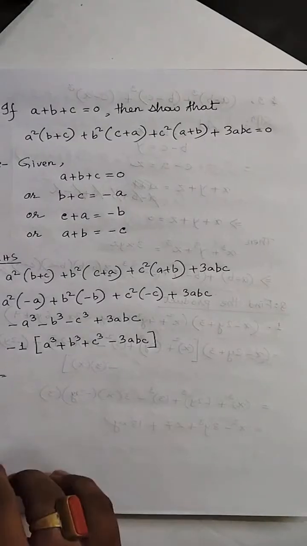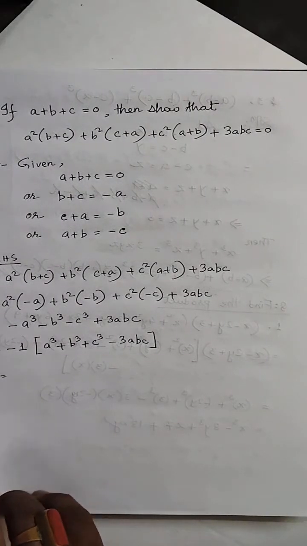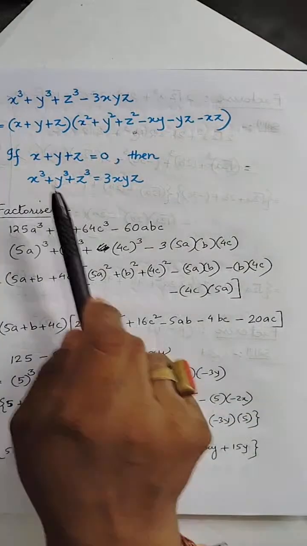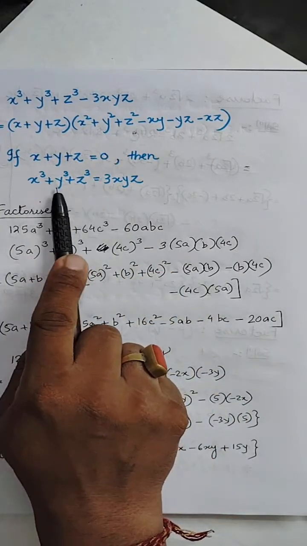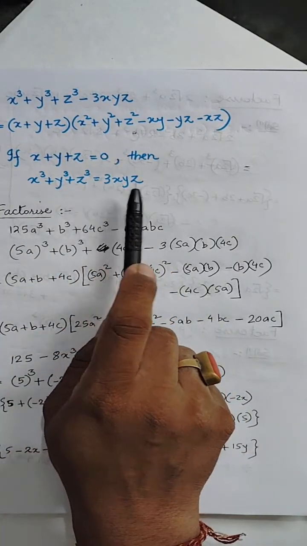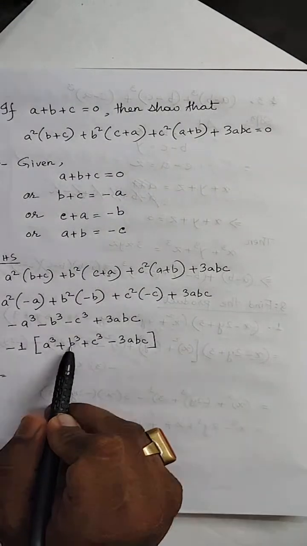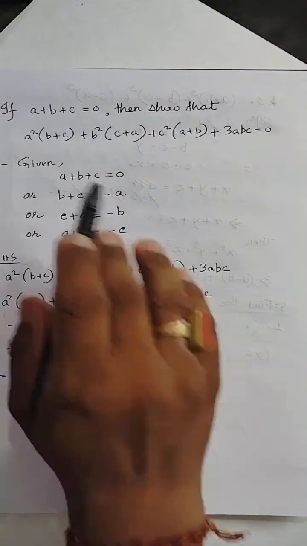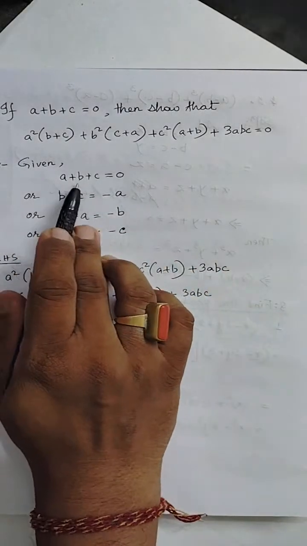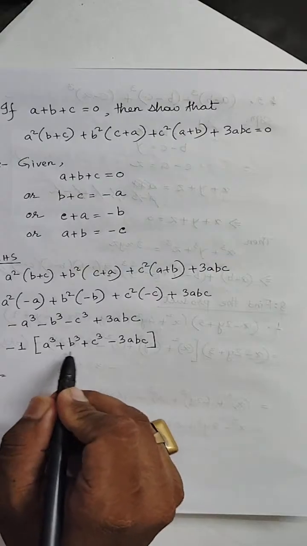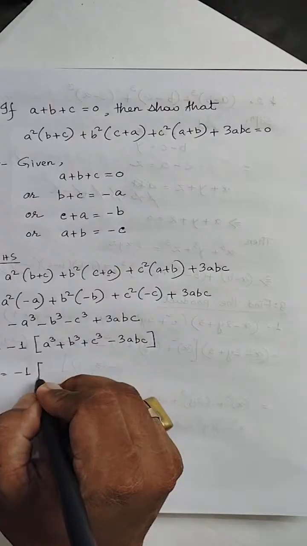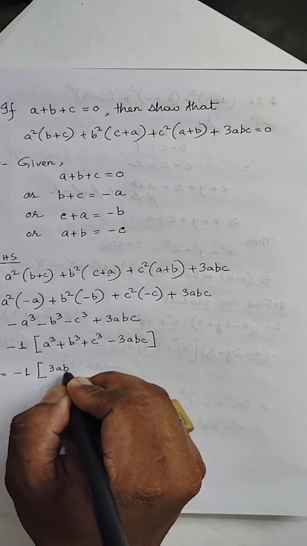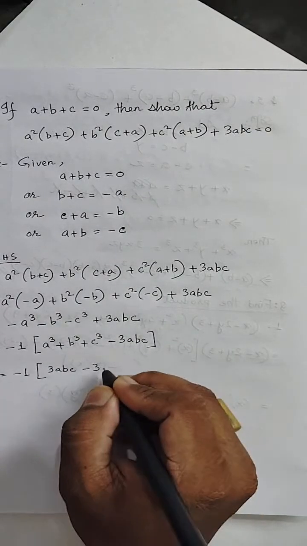This was what our expression was: if x plus y plus z is equal to 0, then x cube plus y cube plus z cube is equal to 3xyz. Similarly, if a plus b plus c equals 0, then this part will become 3abc, and we already have a minus 3abc.